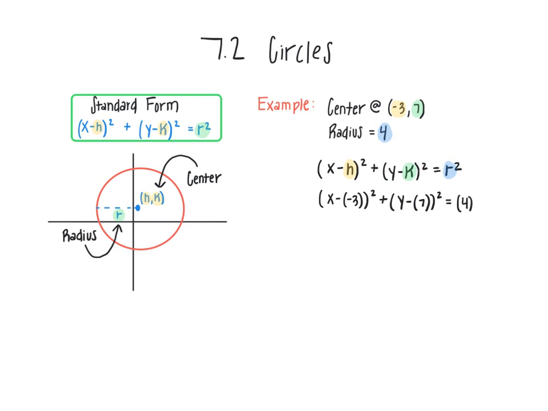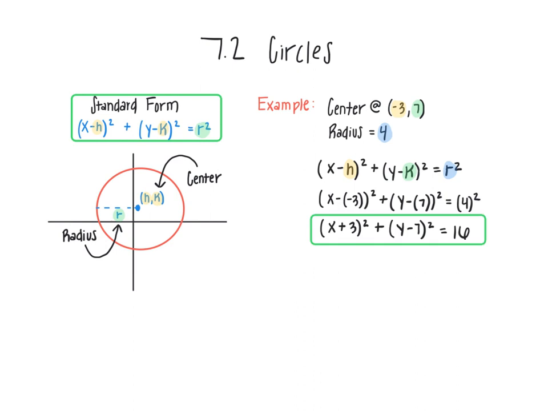So then 4 squared. So let's go ahead and clean this up. Since h was negative 3 and since we are subtracting, two negative signs gives us a positive. So this becomes x plus 3 squared plus, let's drop the parentheses on k, so y minus 7 squared, and then let's go ahead and square 4, giving us 16.